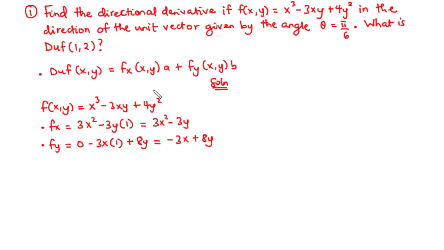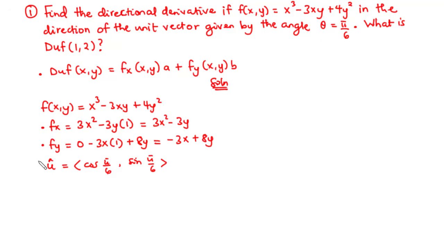Next, we need to find a and b, or better still, the unit vector. Now the unit vector is given by the angle theta equals pi on 6. So we say that u cap, which is the unit vector, is equal to cosine of the angle pi on 6, comma sine of the angle pi on 6. Notice that the unit vector is given in terms of an angle, that is theta.